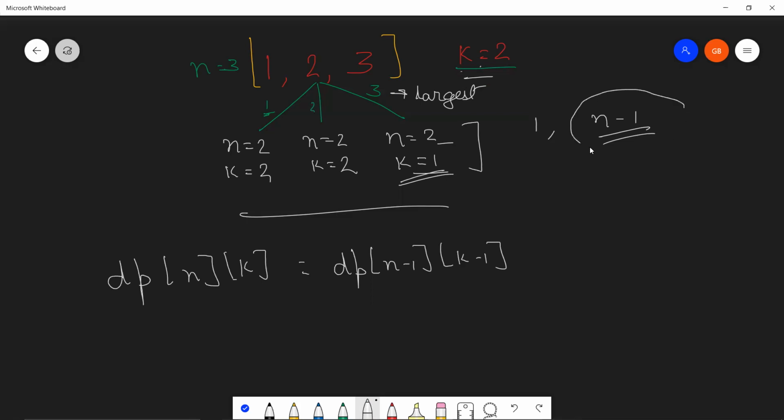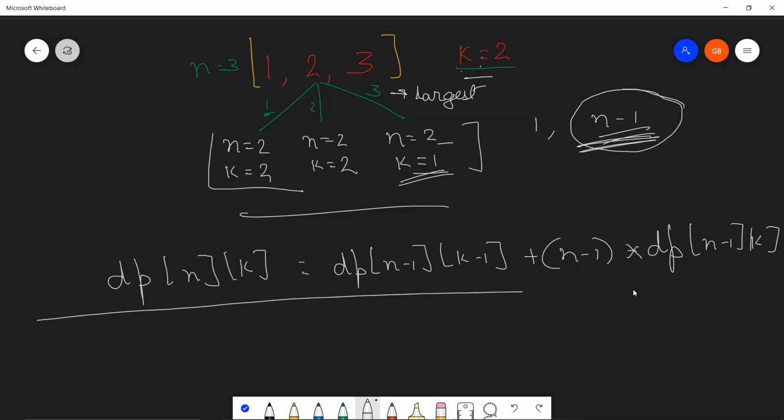And there were n minus 1 cases where n was reduced but k was not reduced, plus n minus 1 into a dp where n is being reduced but k is not being reduced. So this is the dp relation, right?